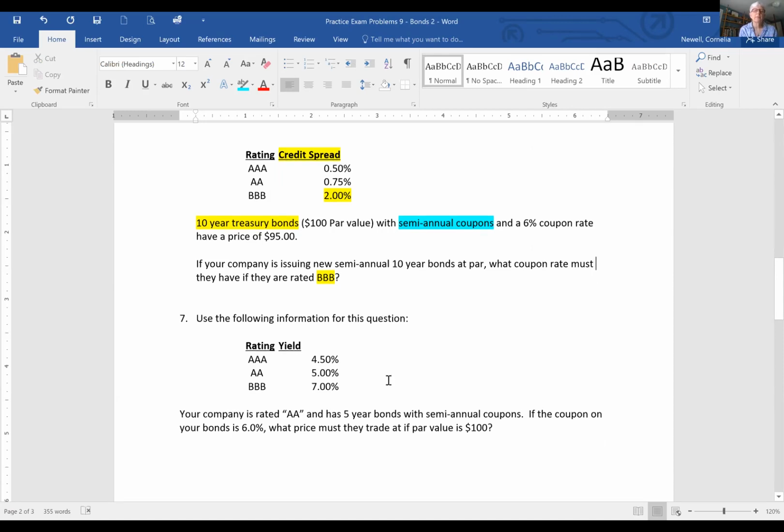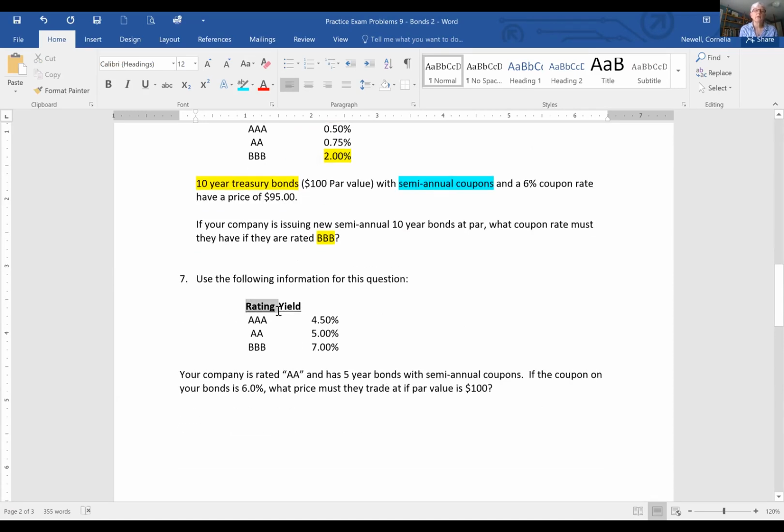In the second problem, we don't give you a credit spread. We just give you the actual yield for that credit rating. For this one, you have a AA bond, and you just say, oh, the yield is 5%. You've got the yield.